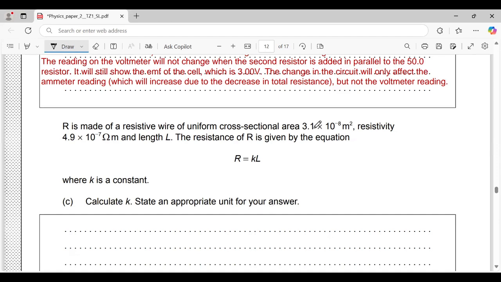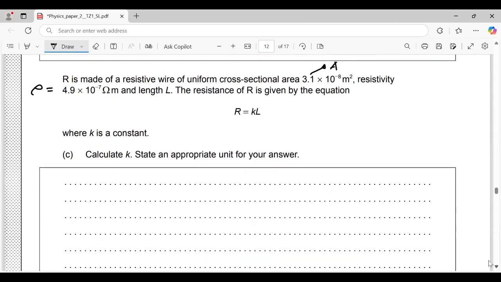All right, so the resistivity, this is rho, resistivity. And area, this is A. And then the formula is R equals KL.